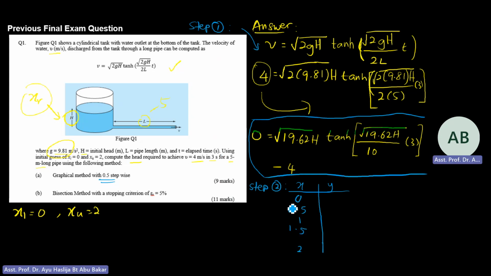So 0, 0.5, 1, 1.5, and 2. Find out what your y is from x equals 0 to 2 using this equation.